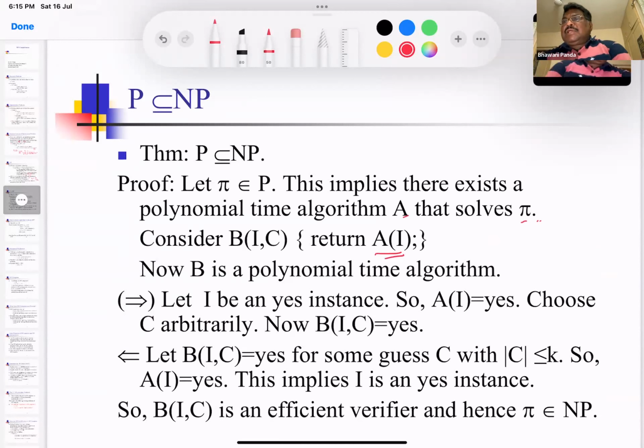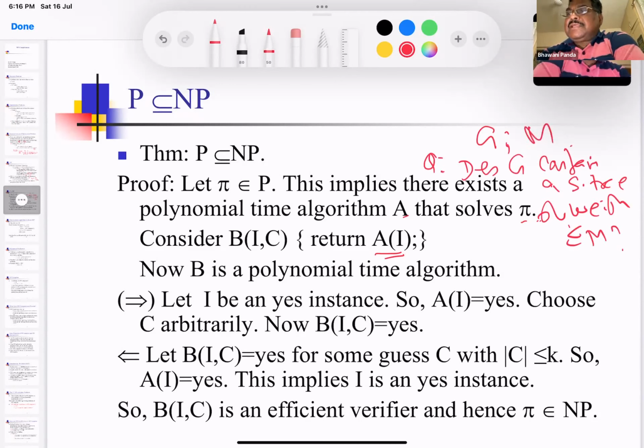So for example, the MST problem. Your graph G is given, a weighted graph, and you are asking the question, does G contain a spanning tree of weight less than or equal to M? G and M are given, M a real number, in R plus.